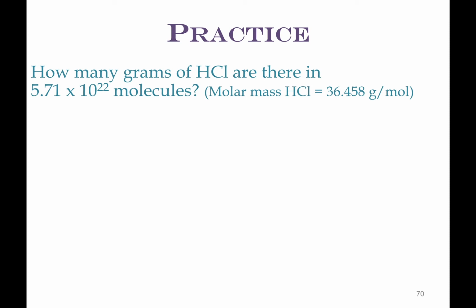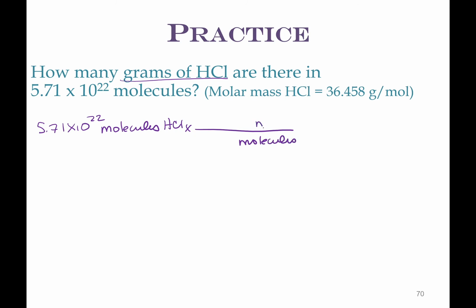How many grams of hydrochloric acid are there in 5.71 times 10 to the 22nd molecules of hydrochloric acid? So we want to go from molecules to grams, but first we have to go to moles. So 6.02 times 10 to the 23rd goes with molecules, 1 goes with moles.